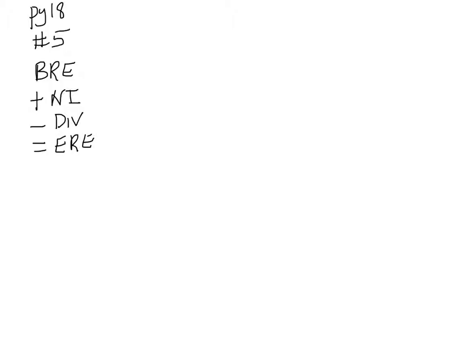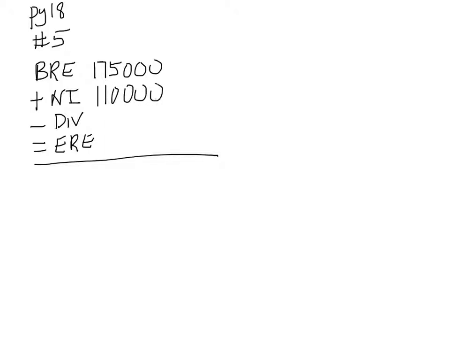So if we fill in the blanks here, we take the $175,000 of retained earnings at the beginning of the year, plus the net income of $110,000 that they gave us, minus the $10,000 of dividends. Therefore, we would be able to come up with the ending retained earnings.